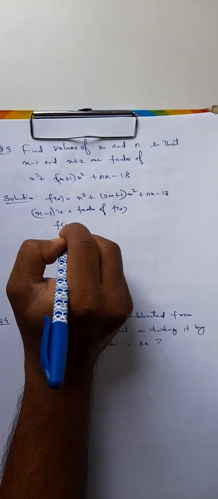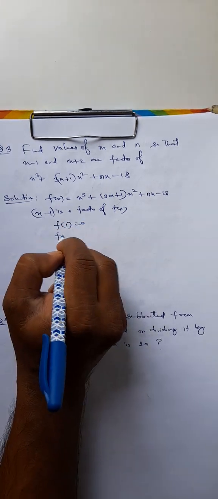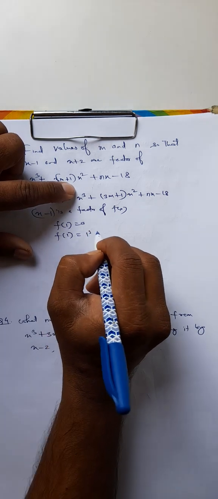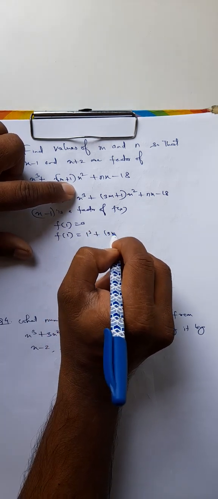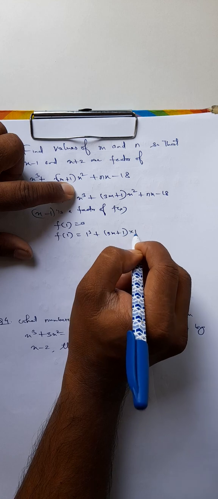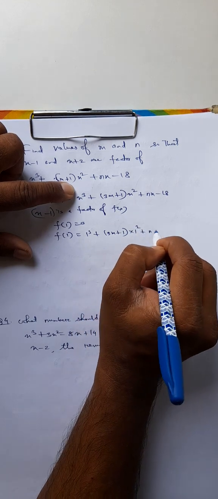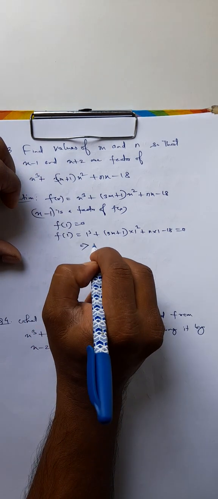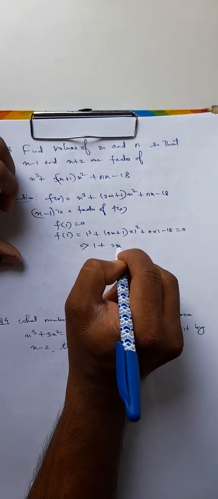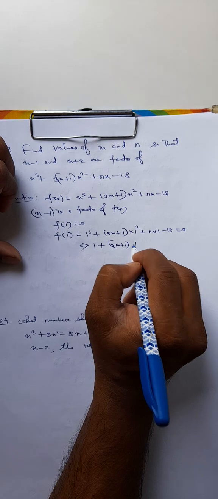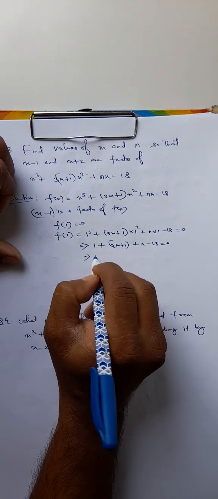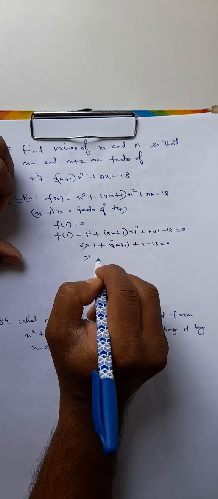Therefore, f(1) equals 0. Now what is f(1)? f(1) means 1 cube plus (3m plus 1) into 1 square plus n into 1 minus 18 equal to 0. This gives 1 plus 3m plus 1 plus n minus 18 equal to 0. This gives 1 minus 18, minus 17.